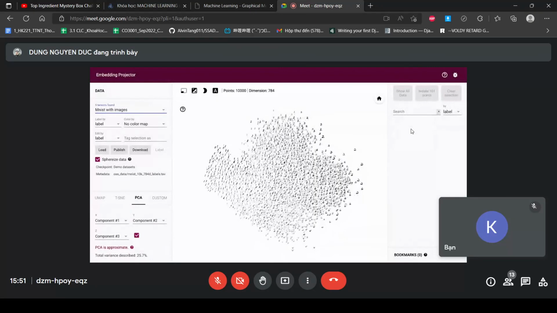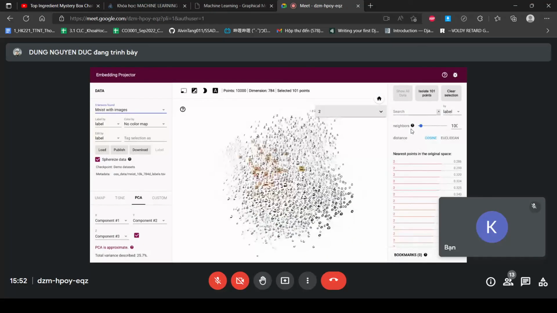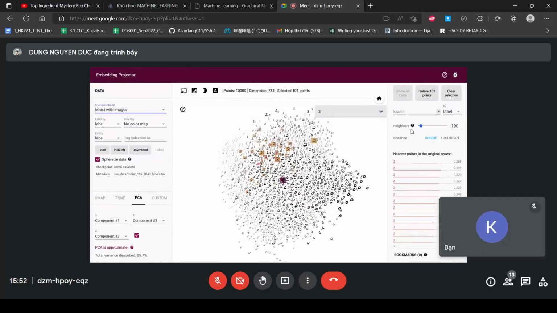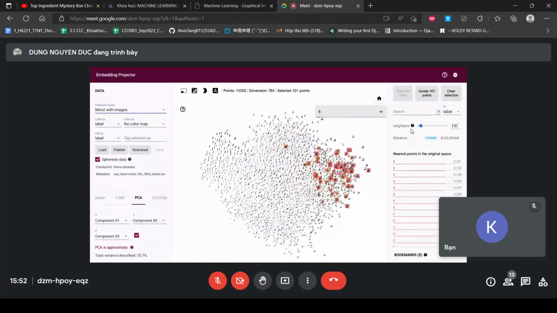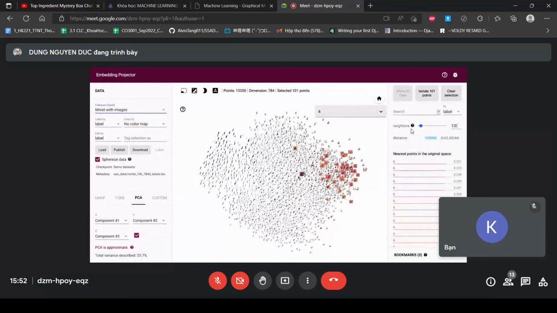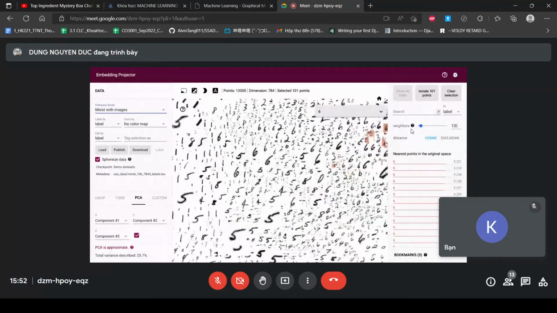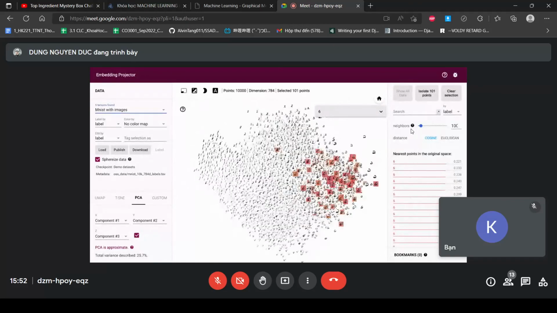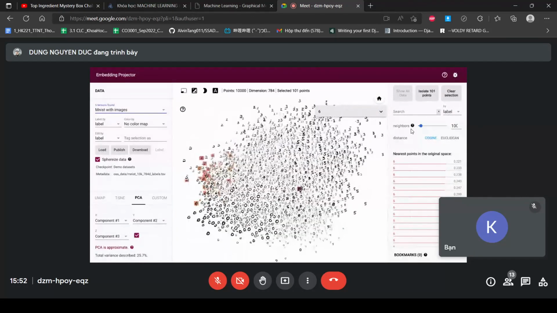Finally, we have some data distribution here. If you observe the distribution of data, you can see that most of the data in the same class are gathering around each other, and it looks like using PCA is kind of helpful because right now you can see how your data are distributed on a low dimensional space, but still it's very messy, right?